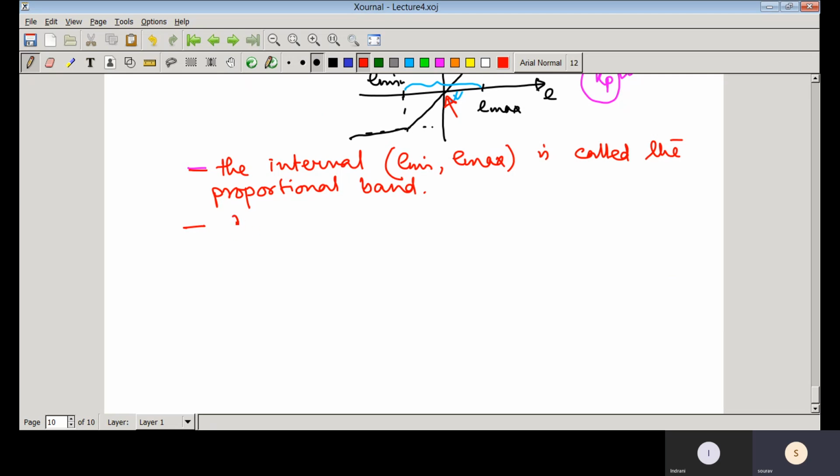That means the control variable deviates from the reference.